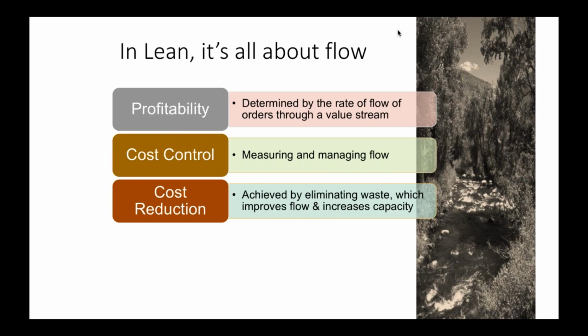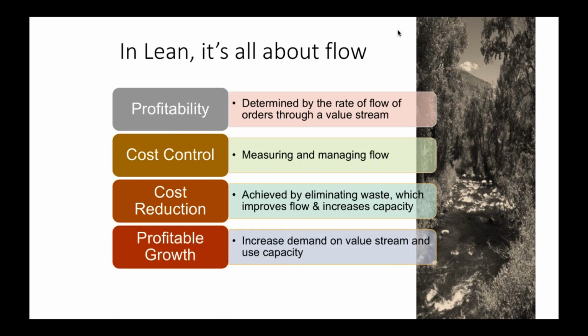Now, it's very difficult to do significant cost reduction in any business. It's really about more cost control. But you eliminate waste, you will achieve some cost reduction. And finally, it's all about profitable growth. Increase the demand by creating value, use the available capacity.